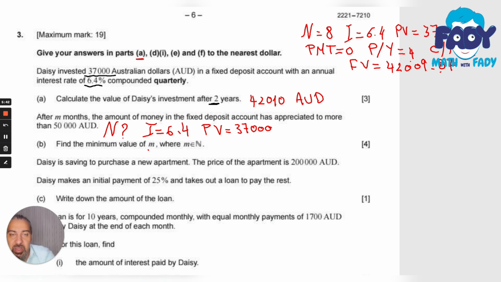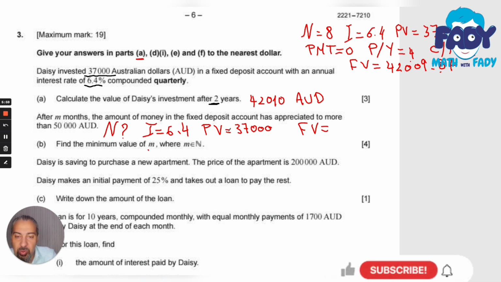Here we must note something: while dealing with present value and future value, if we insert the present value as positive, 37,000, we must insert the future value as negative, and vice versa.